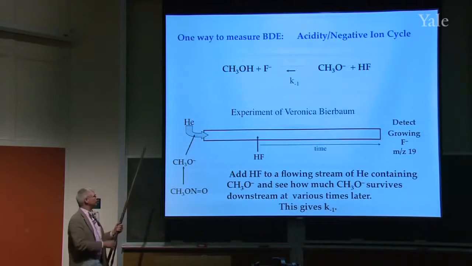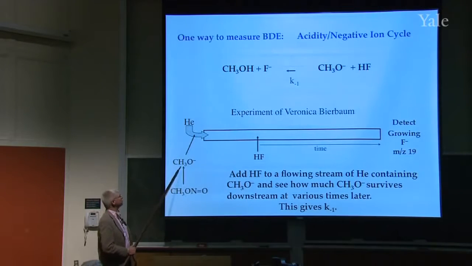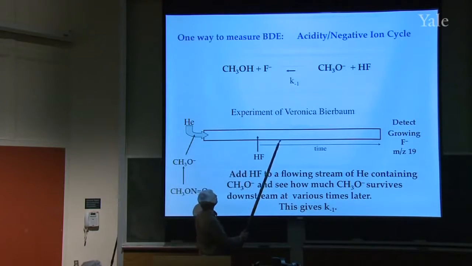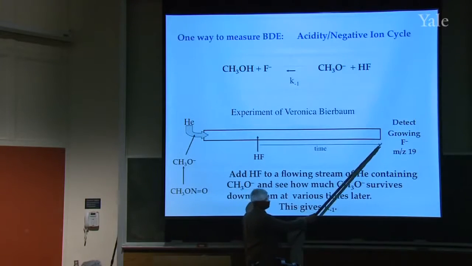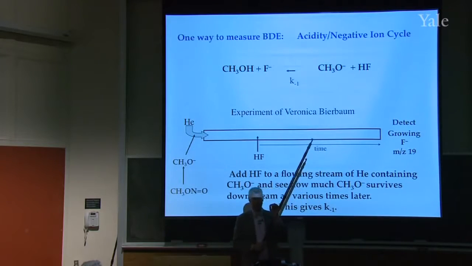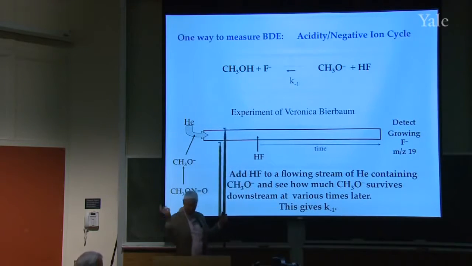The methyl nitrite then disintegrates and forms methoxide anion and nitric oxide, NO. The methoxide ion then goes down the flow tube. As the methoxide ion interacts with the HF, now what you'll see is F minus growing in. And you know it's F minus because Jesus only made a finite number of ions that have M over Z 19, and fluoride is it. There's no other.